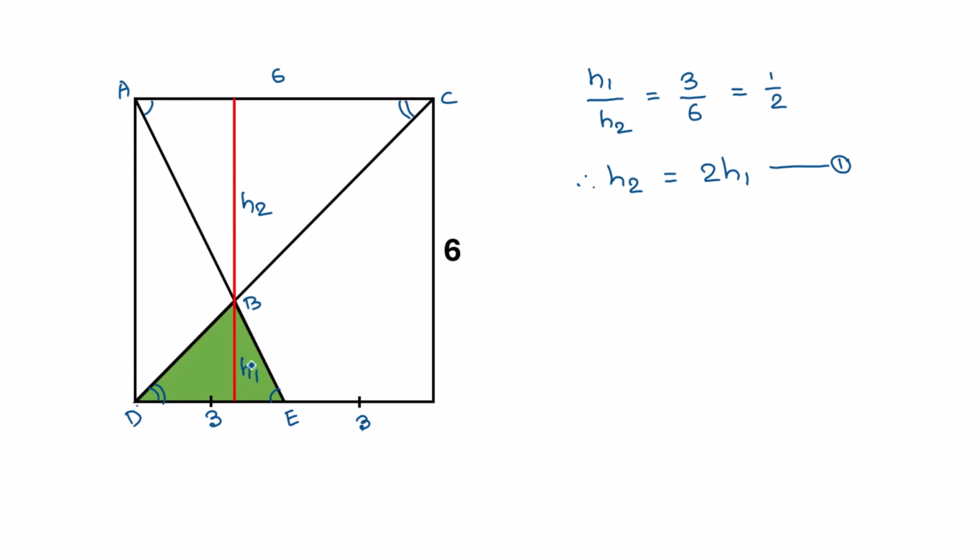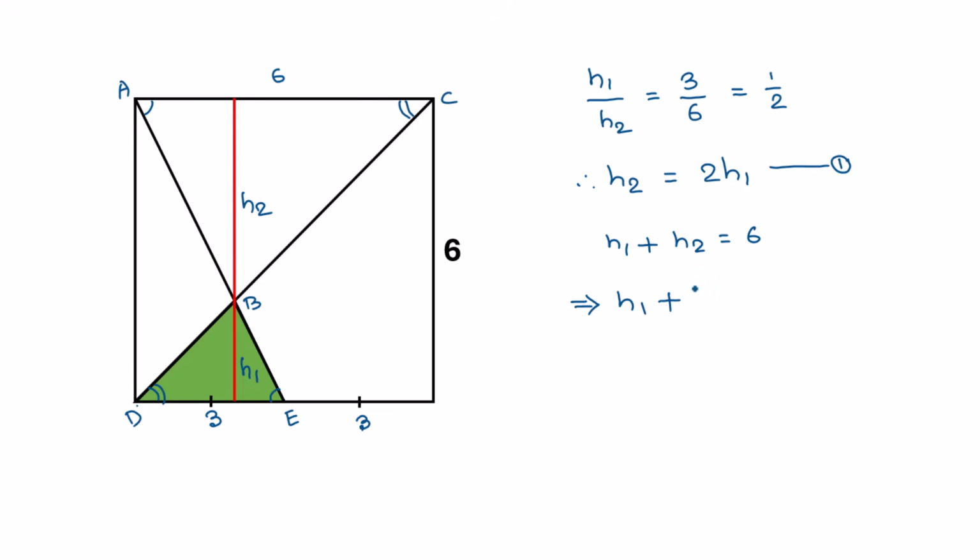Again, this H1 plus H2, this red line, is equal to the side of this square, which is 6 units. So the sum of H1 and H2 is 6 units. So H1 plus H2 is 6, or H1 plus, we have H2 is equal to 2 times H1 from equation 1.